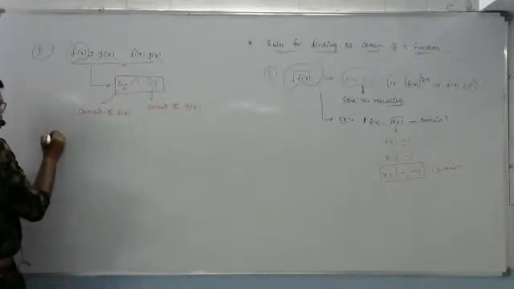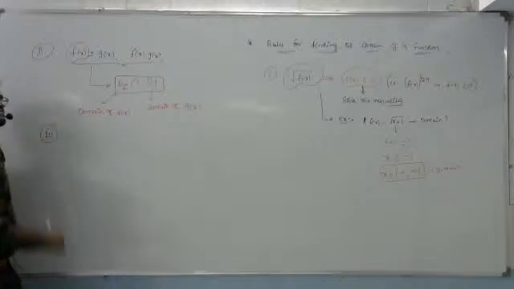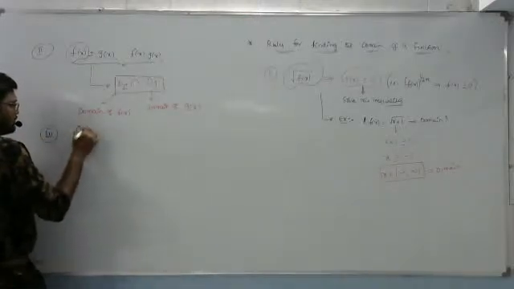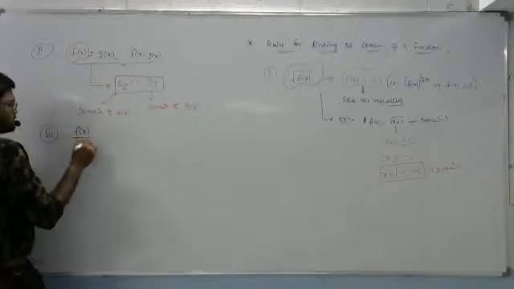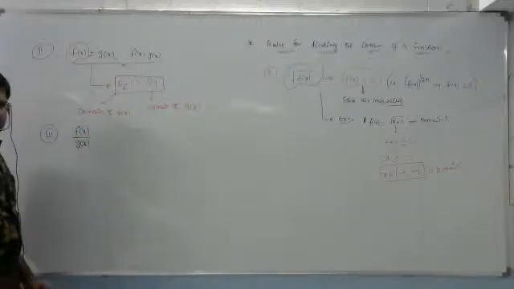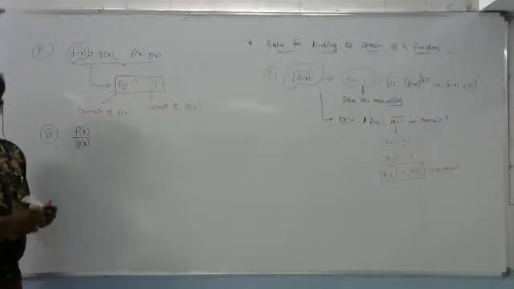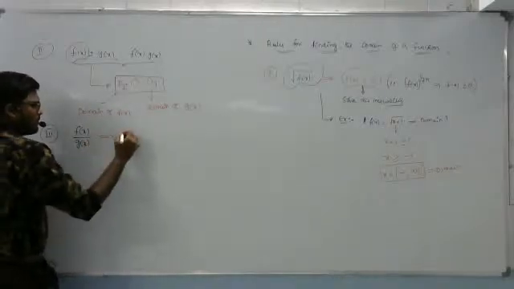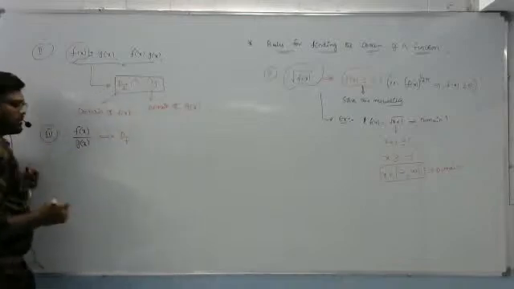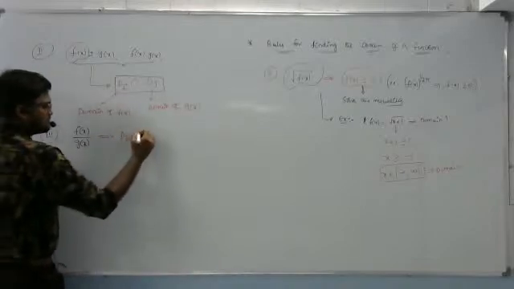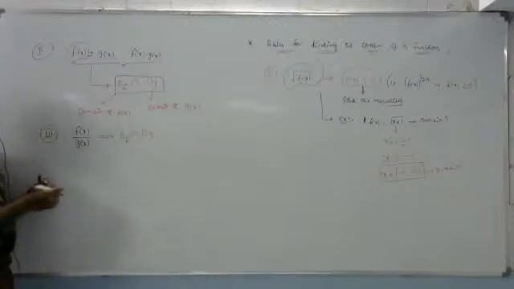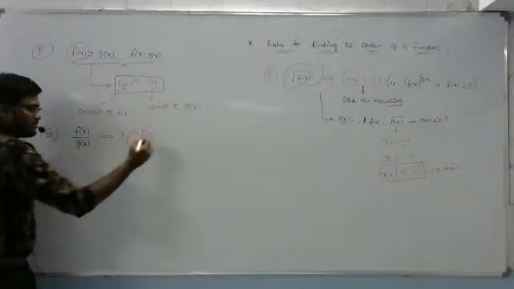And the third one, when I have f of x by g of x, even in this case also, I'll find the domain of f as well as the domain of g, and I'll take the intersection. And after getting this one, again I have to do one more thing.